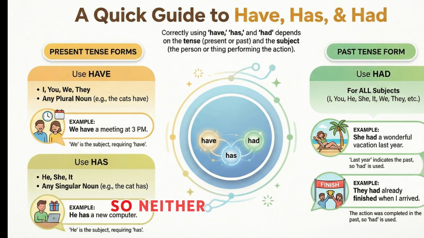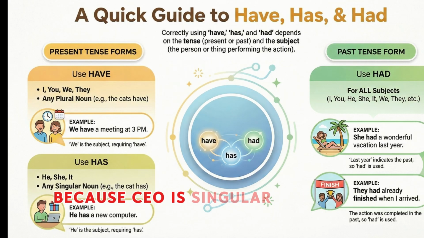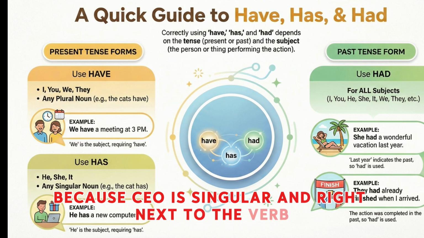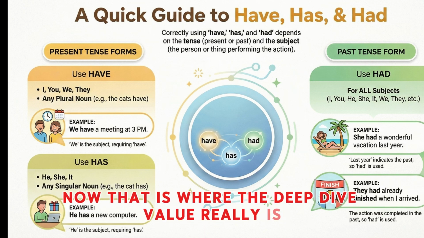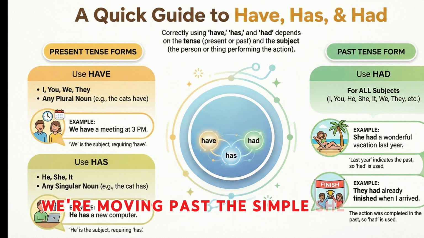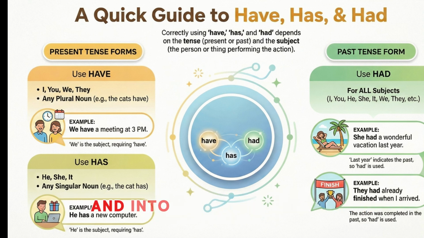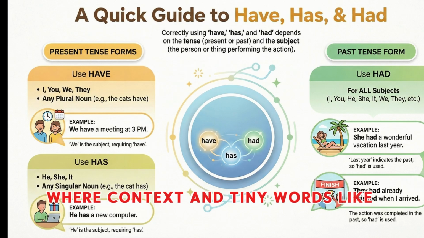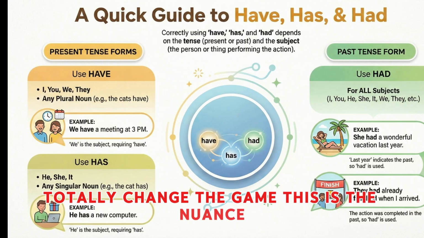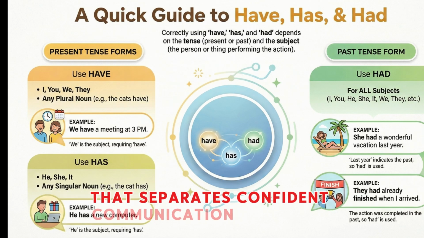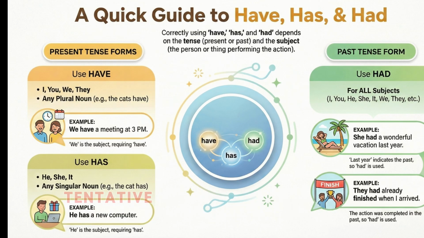So neither the client nor the CEO has approved the budget, because CEO is singular and right next to the verb. Now, that is where the deep dive value really is. We're moving past the simple she has and into these gray areas where context and tiny words like or totally change the game. This is the nuance that separates confident communication from, well, tentative phrasing.